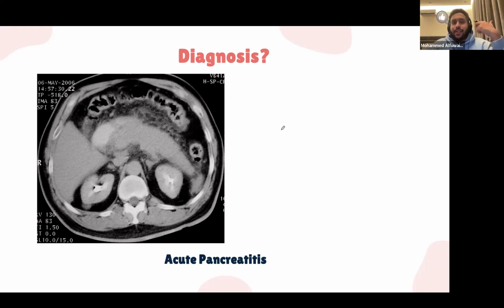Good. G. Gallstone. What's the most common cause of acute pancreatitis? Gallstones. So G, gallstones is the most common cause. Okay. What's E?